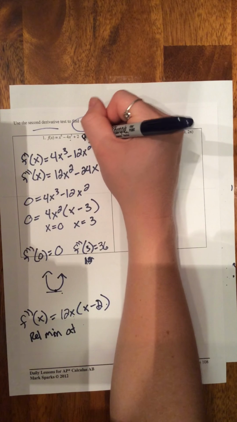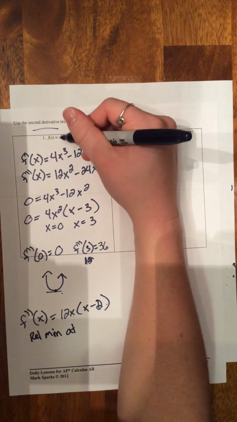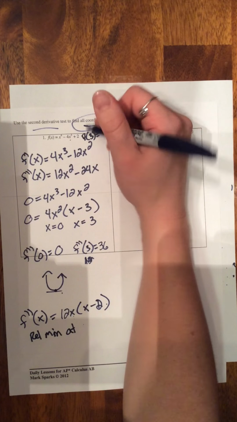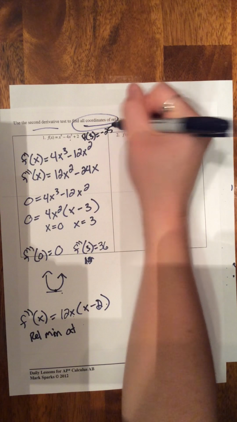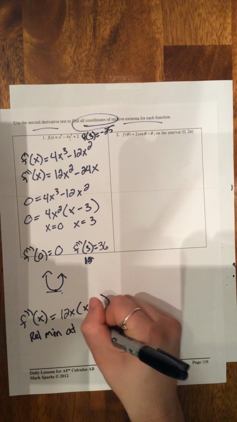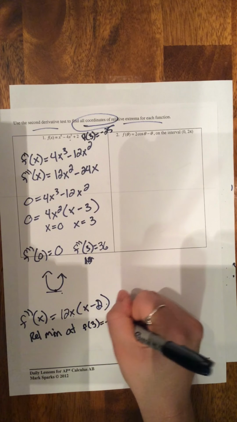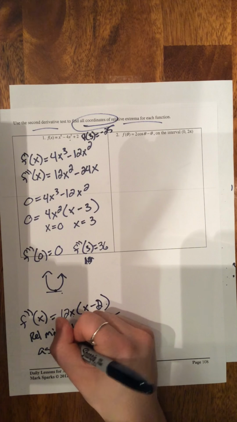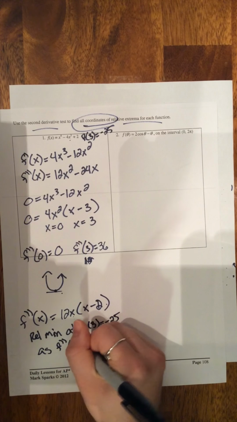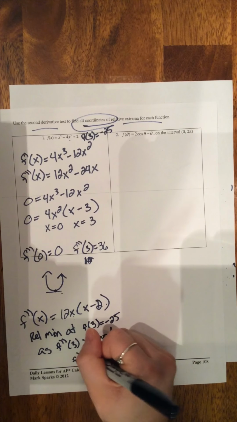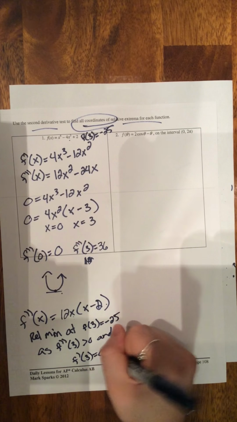So if I do so, you can trust me on this, if I substitute 3, then I get a point at 3, negative 25. So I'm going to say there's a relative min at f of 3 equals negative 25, or I could say 3, negative 25. And my reasoning is f double prime of 3 is greater than 0, and f prime of 3 is equal to 0.